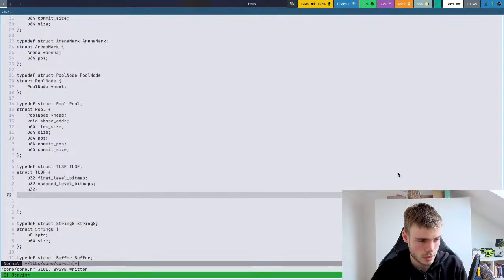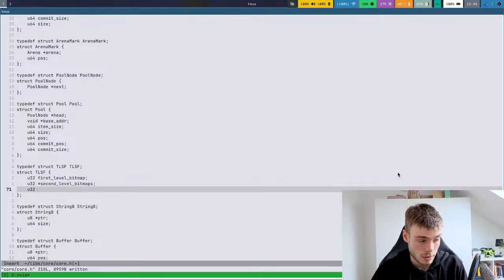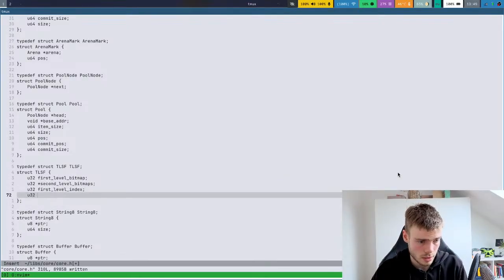Let's call this first level index and second level index.